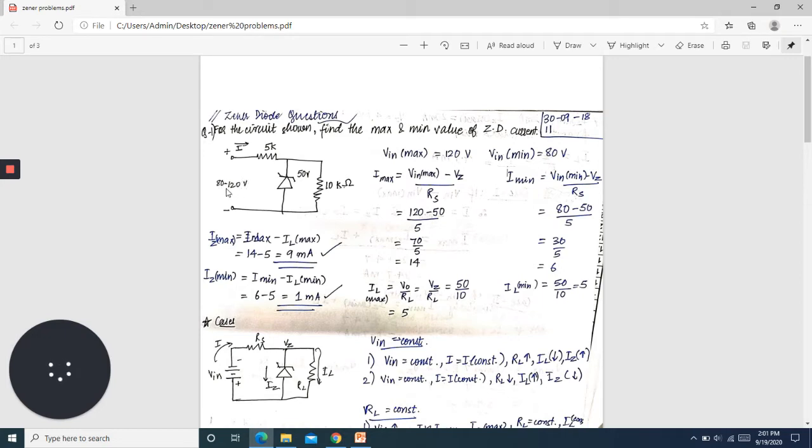For the other case we have to take the other value, that is 120, which will be treated as the maximum input voltage. When the minimum is considered, the total current I will change to I minimum, and when the input voltage changes to 120 volt, I will change to I max.